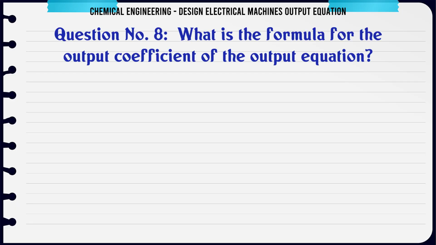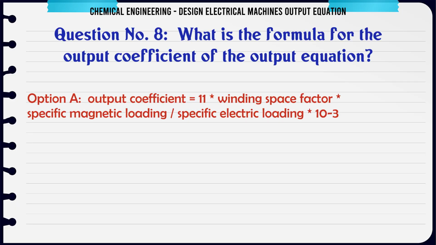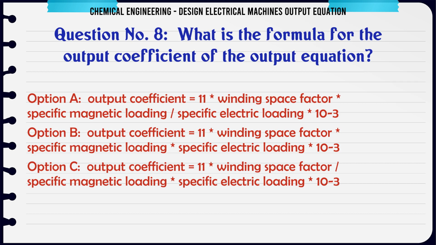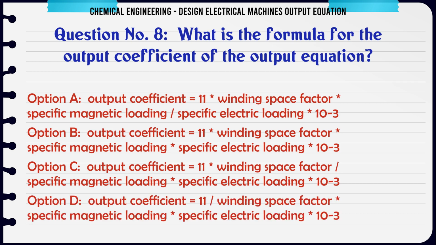What is the formula for the output coefficient of the output equation? A: output coefficient = 11 × winding space factor × specific magnetic loading × specific electric loading × 10^-3.